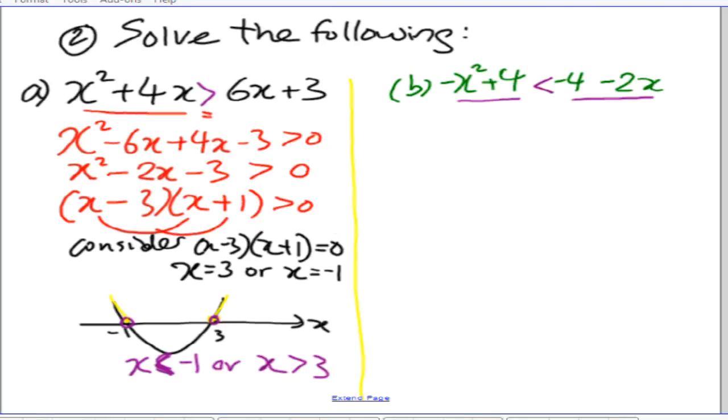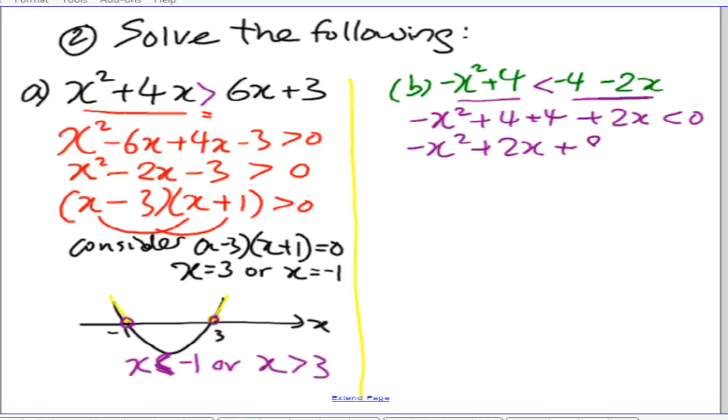The next one is negative x squared plus 4 is less than negative 4 plus 2x. So we'll put this into one quadratic: plus 4 minus 4 plus 4, and then plus 2x is less than 0. So it's negative x squared plus 2x plus 8 is less than 0. I can then factorize this.